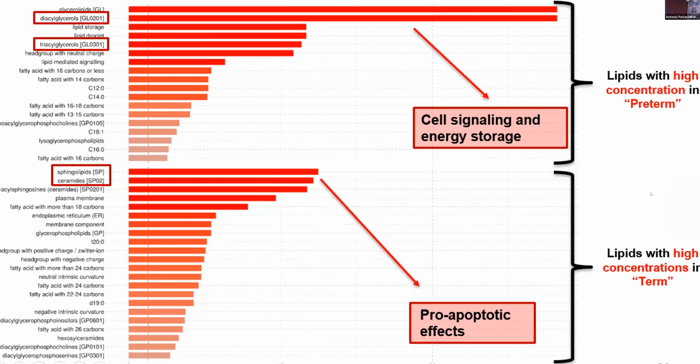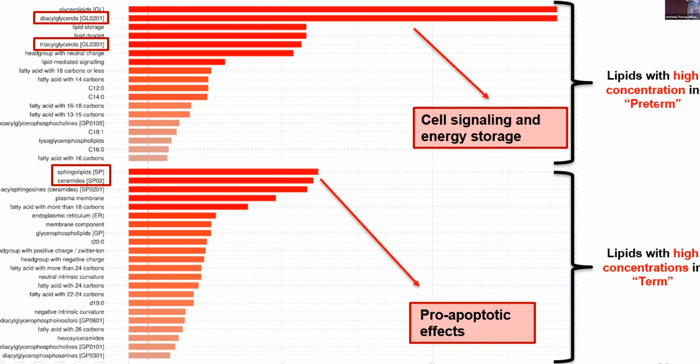When we have all the microRNAs and lipids that are found in more concentration in one group than in the other, in this case for the lipids, we did an enrichment analysis to obtain which lipids were in higher concentration in which group and the biological pathways in which they were involved.